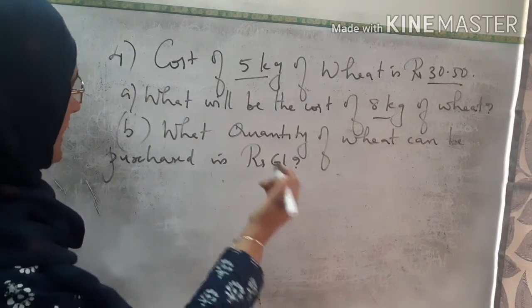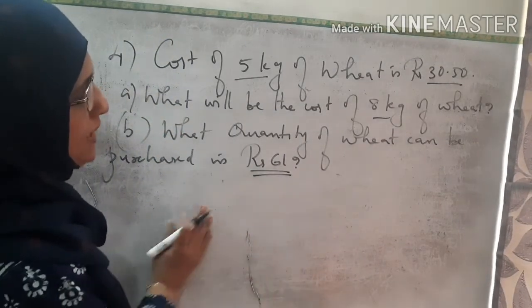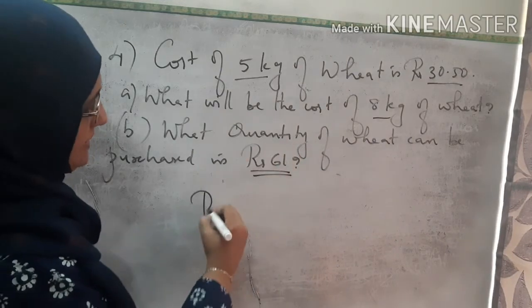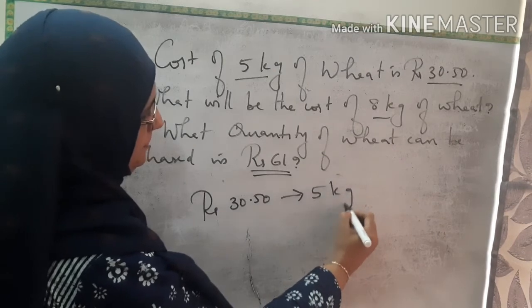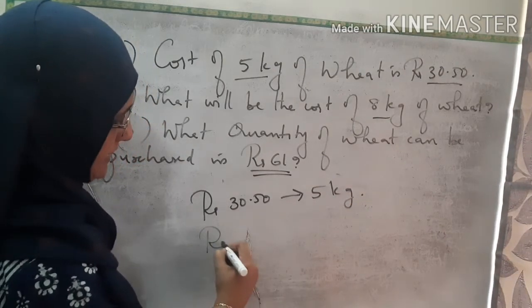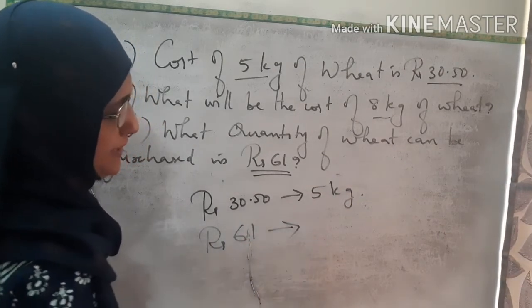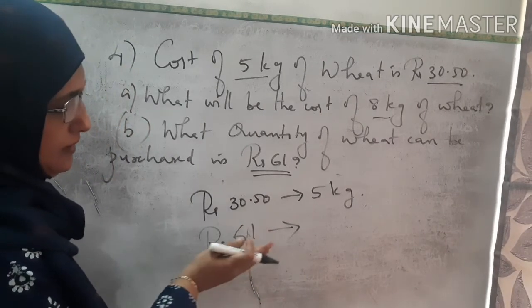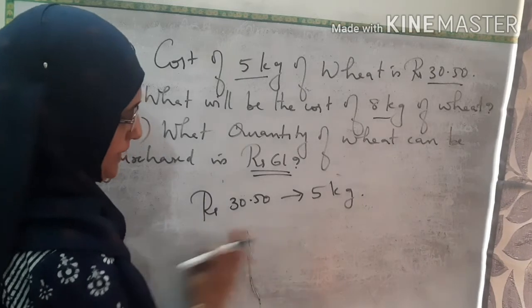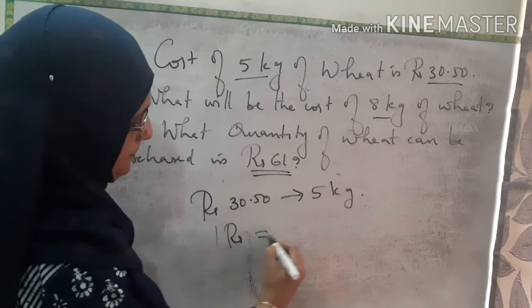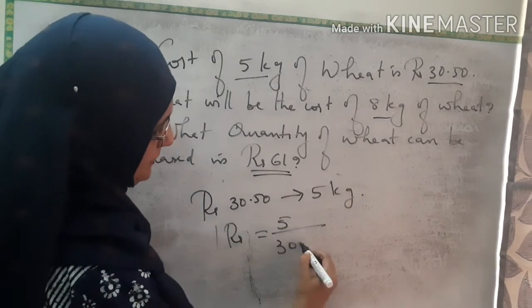What quantity of wheat can you purchase in rupees 61? For rupees 30.50 you will get 5 kilogram. Then for rupees 61, how many kilograms will you get? Either you can find for 1 rupee. For 1 rupee how much? 5 by 30.50.